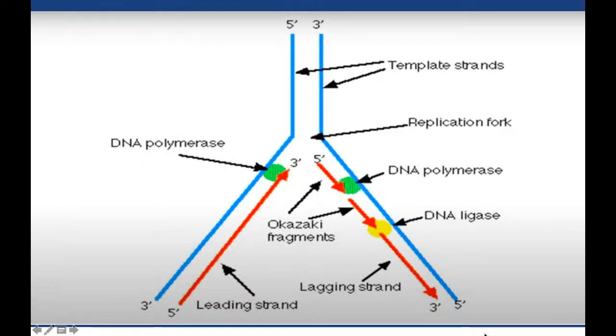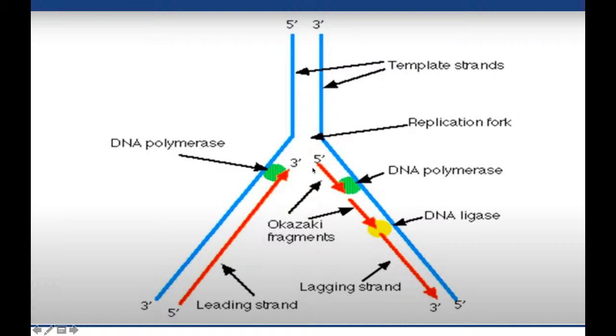So basically, this is your double stranded template strands of DNA. Majorly, what happens in DNA replication is that, first of all, a replication fork is made. Because of that, you have two strands, the leading strand and the lagging strand, and the original strands remain there. One end is 5 prime to 3 prime, the other is 3 prime to 5 prime. The one which will produce your DNA from the 5 prime to 3 prime end will be your leading strand, with the help of DNA polymerase.